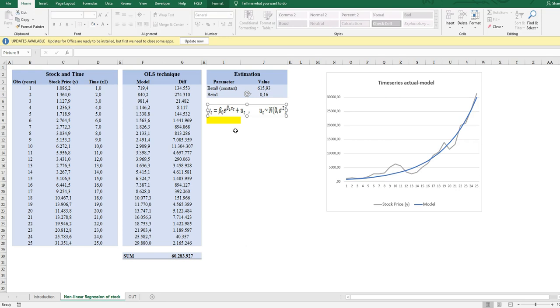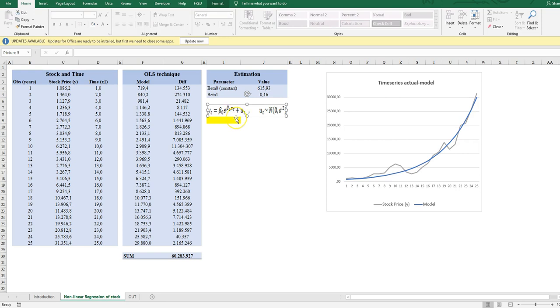So I assume a true model of the stock price governed by this exponential relationship, with a constant times the exponential function raised in beta 1 times xt, and xt is simply the time at time t.